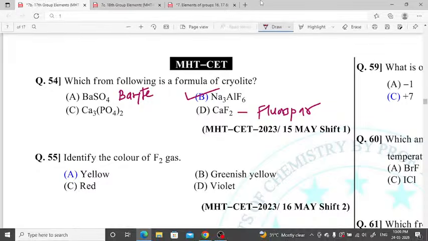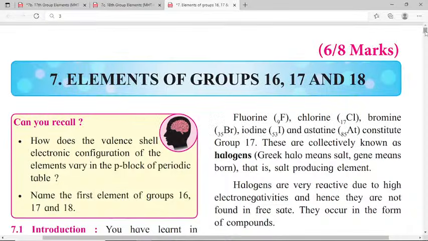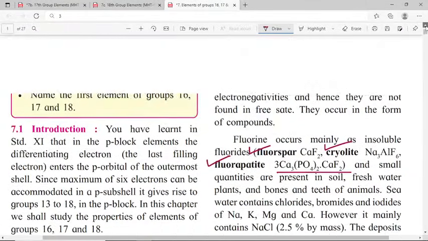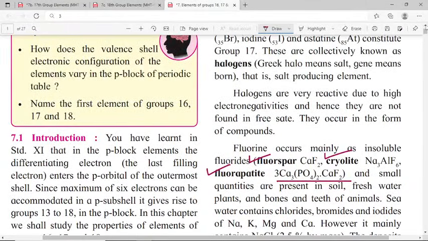The first page of the textbook has all the information noted. All information here. Here it is written: barium sulfate, Epsom salt, magnesium sulfate, zinc blende, gypsum, Epsom. Okay. Next, cryolite, fluorospar, fluoroapatite. This is very, very important.